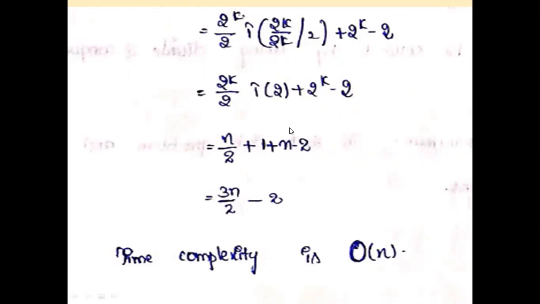So the total number of comparisons is reduced by using the divide and conquer method. The time complexity is big O of n. In the best case, average case or worst case, the time complexity is big O of n. The best case is when the array has only one or two elements, and the problem is solved directly.